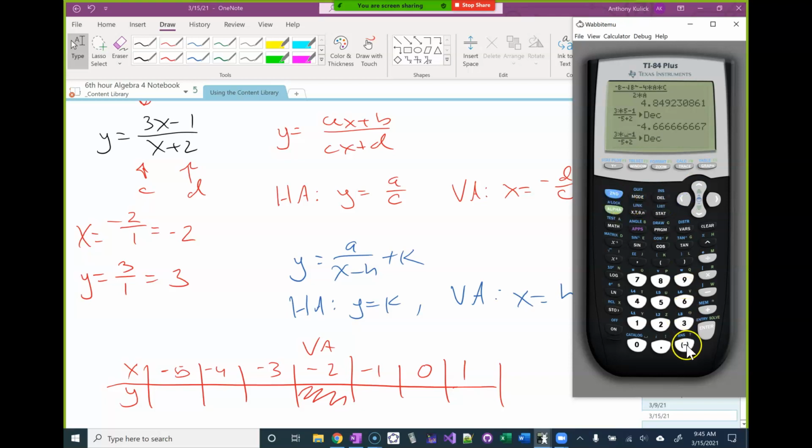Now, the nice thing about doing it this way is I can take that previous answer and go back and change that negative 5 to a negative 4 and then press enter again. If I press enter, it'll give me the last thing that I typed in.